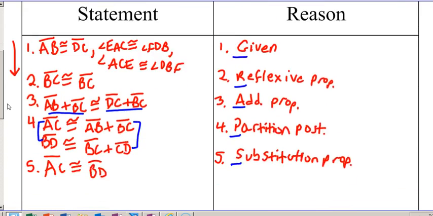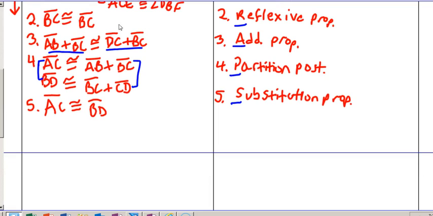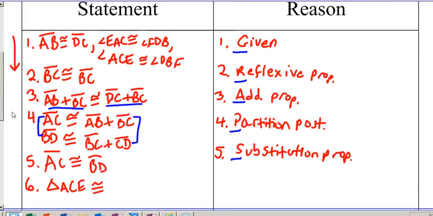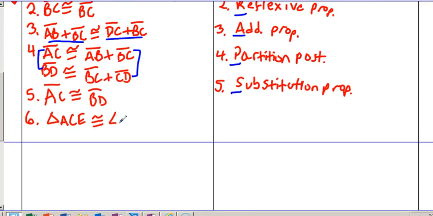ACE to DBF. That's step 6. Is that DBF I said? ACE, DBF. You have to name them in corresponding part order, so be very careful with that.